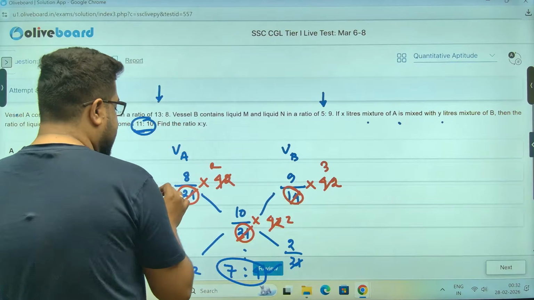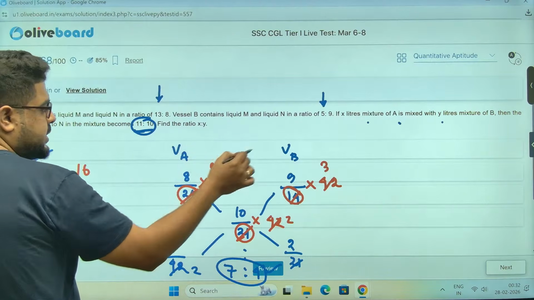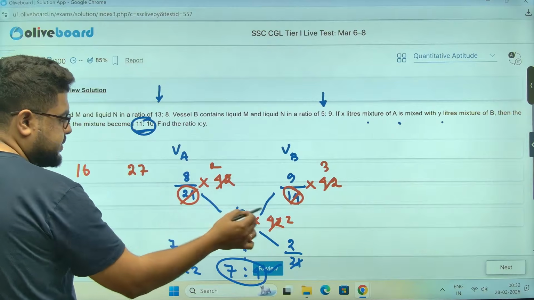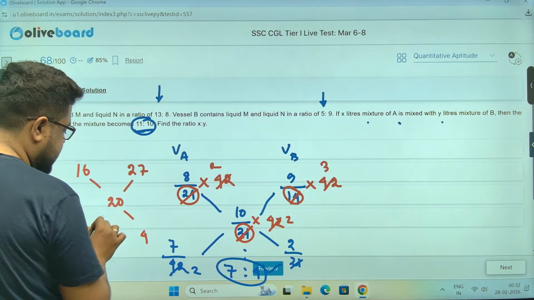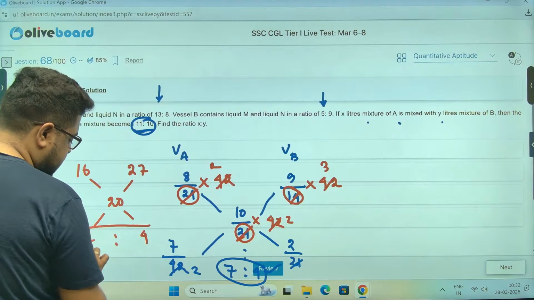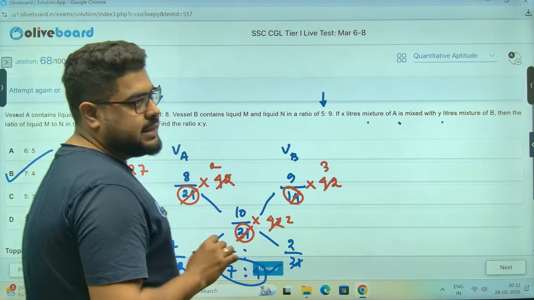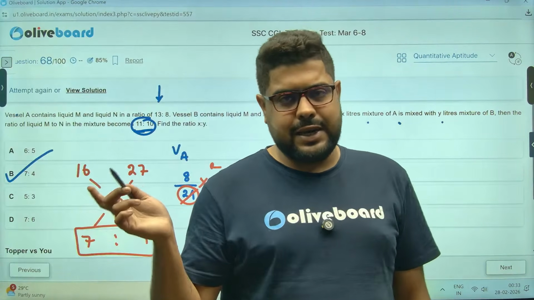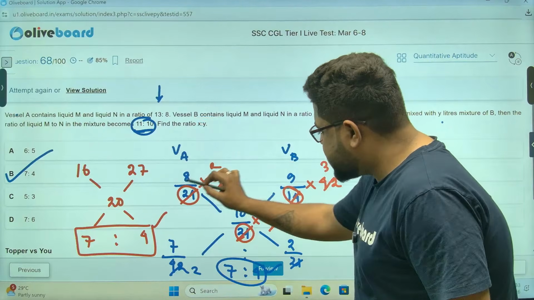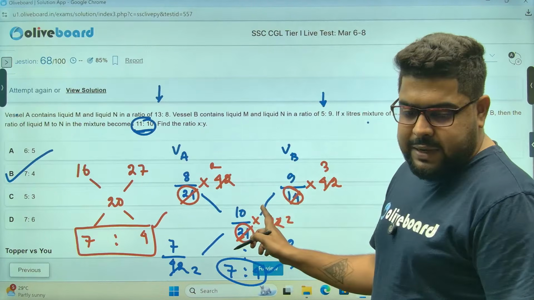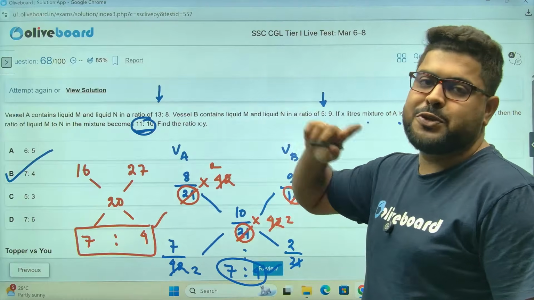So these values become 16, this becomes 27, this becomes 20. If you now alligate, it is 4 and 7. You see, you get the values a little easier. But please understand, sometimes I don't really do this, because figuring out the multiplying factor can be huge.